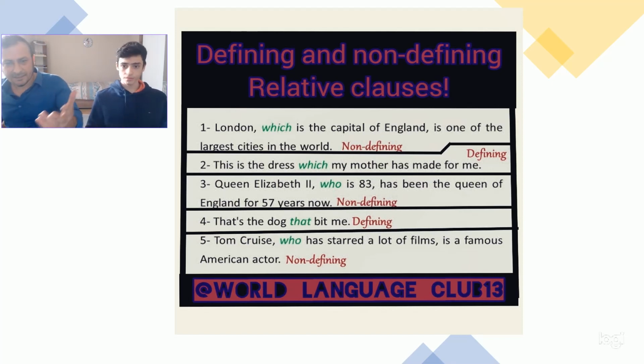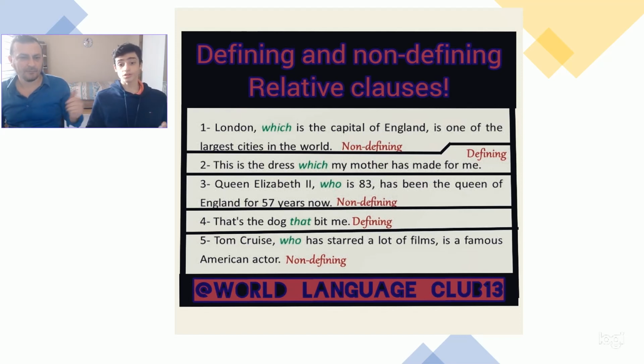There is extra, additional information. London, which is the capital of England, is the first piece of information. The second information is one of the largest cities in the world. So it becomes non-defining. That's why.